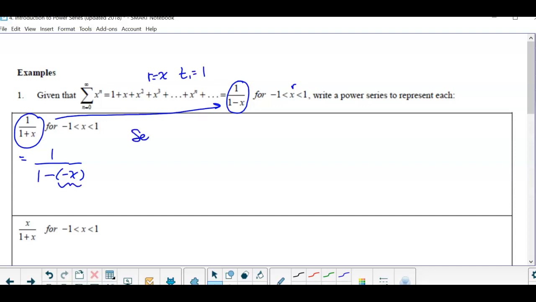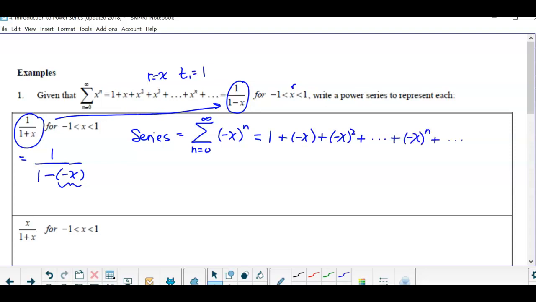So the series will equal the sum from n equals 0 to infinity of (-x) to the n. Okay, so what's that going to look like? It's going to be 1 plus -x plus (-x) squared plus (-x) to the n, etc. Then just simplify that a little bit.